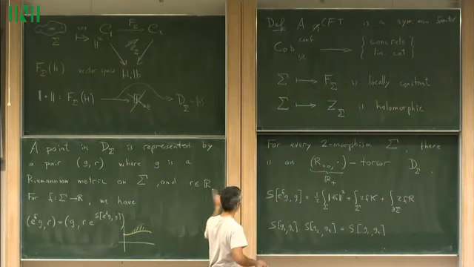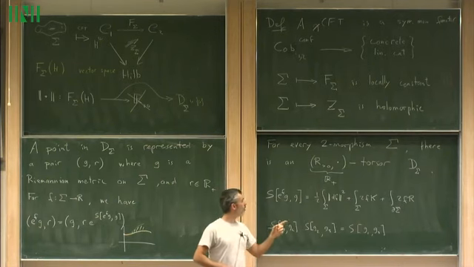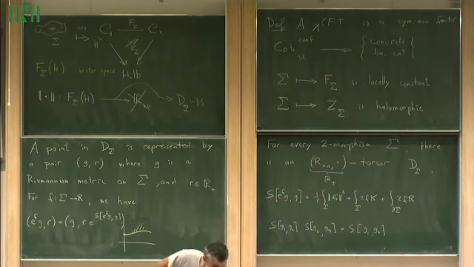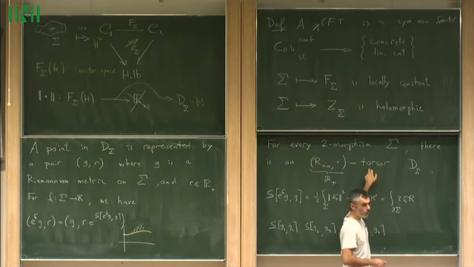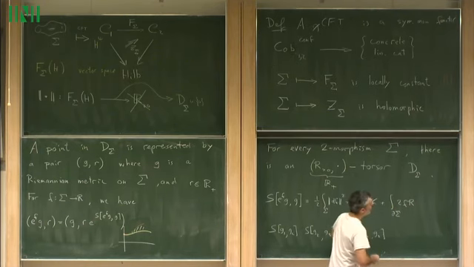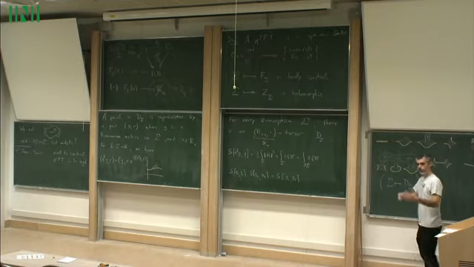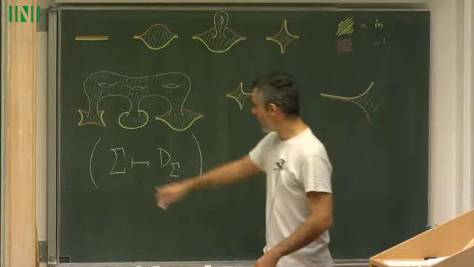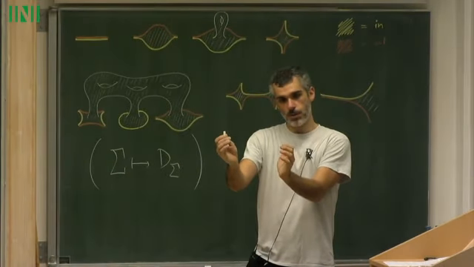Does it represent an element in the cohomology of sigma? The thing is, d sigma is a torsor. For every sigma you get d sigma. Now we have the assignment sigma goes to d sigma, together with all kinds of compatibility with gluing, saying that if I have sigma 1 and sigma 2, then d of sigma 1 glued to sigma 2 is the product.